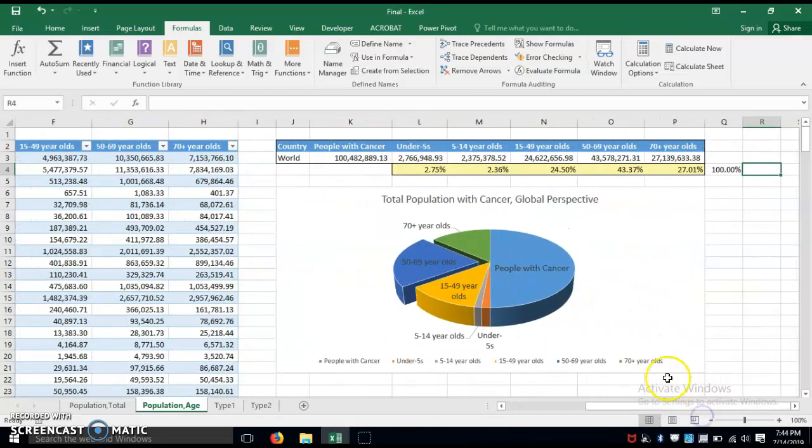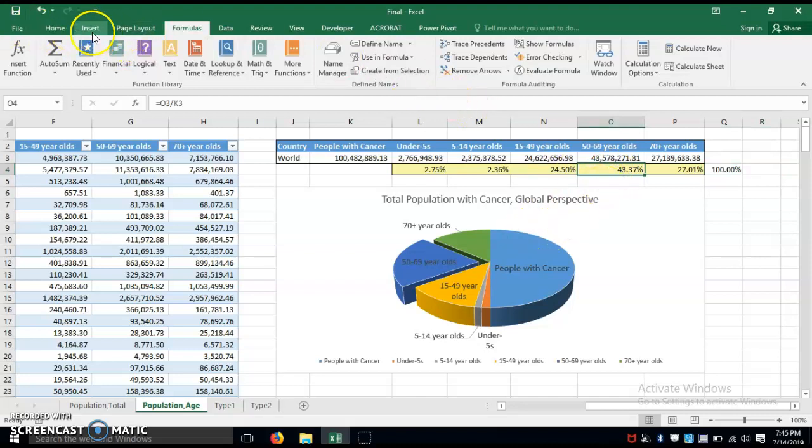And we can see here, on a global perspective, we have 100 million 4,082 people having cancer, and out of this 2.75% belongs to really young kids under 5 years old, and almost the same percentage belongs to toddlers 5-14 years old, and the highest belongs to the group of 50-69 years old.